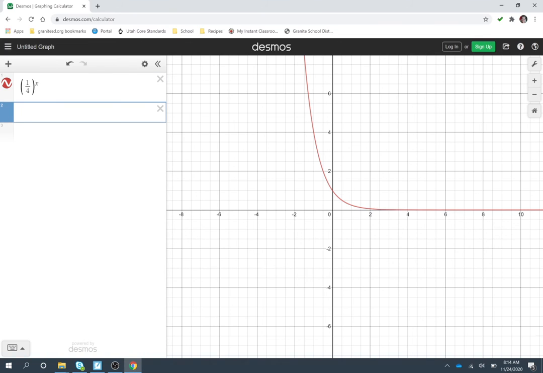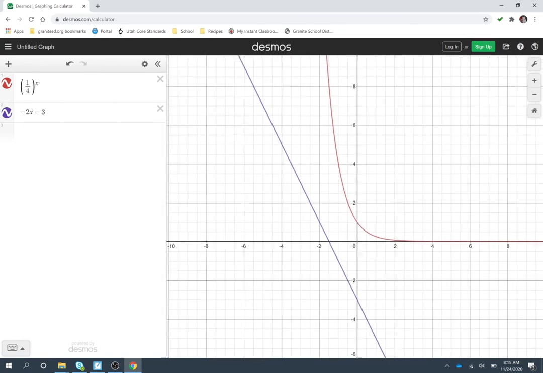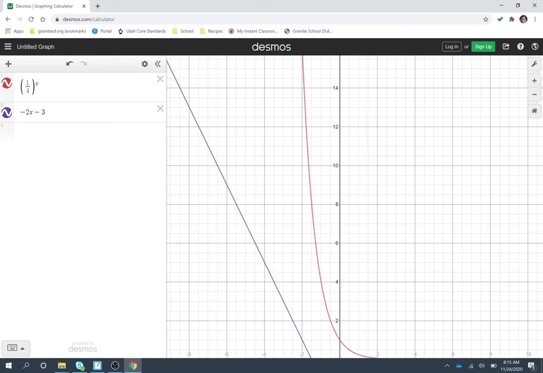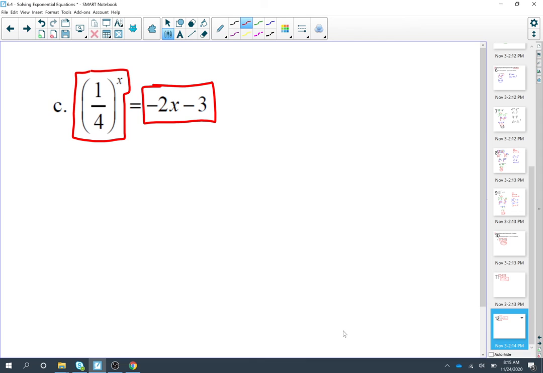And then my second one, negative 2x minus 3. So if I'm looking at that, wow, once again, okay, these never intersect. Looks like they would have got close right in the middle here, but no intersection again. So back over, once again, no solution.